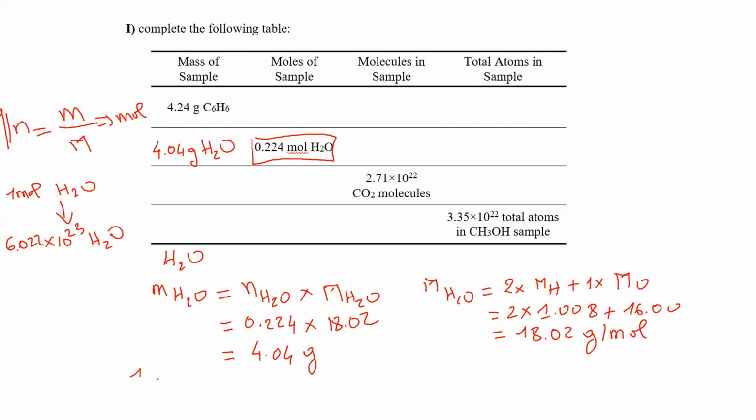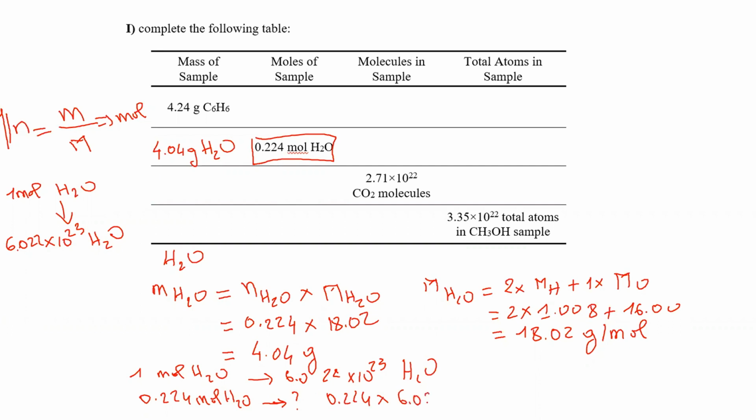So if 1 mole H2O corresponds to 6.022 10 to the power 23 molecules of water, and if we have 0.224 mole of H2O, what is it going to correspond to? 0.224 times 6.022 10 to the power 23.